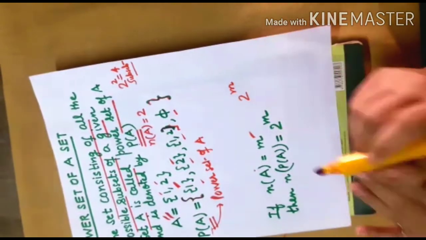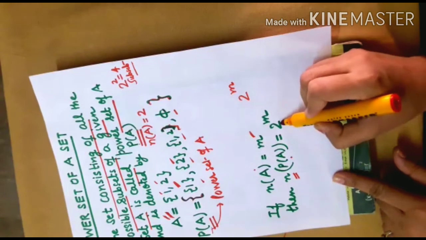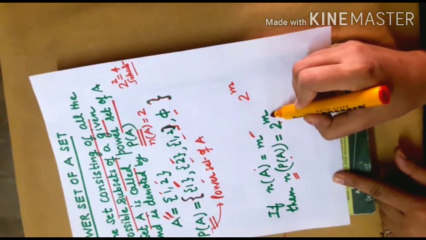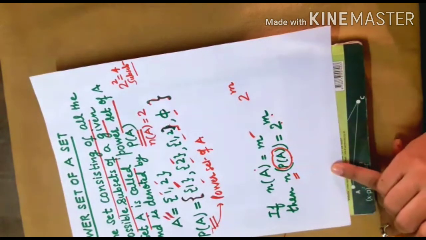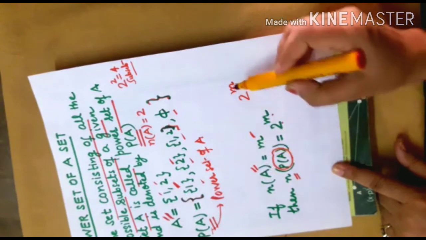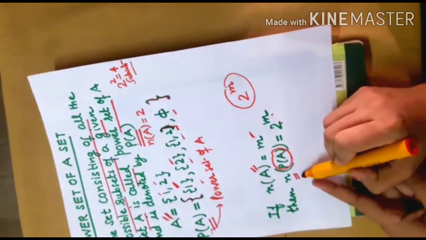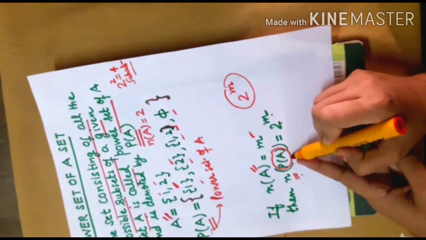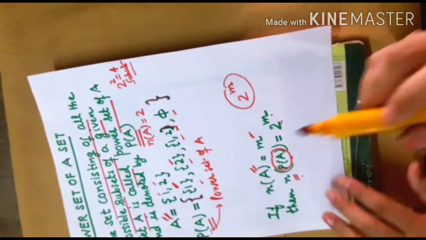So the number of elements in the power set of A will be 2 raised to the power m, because the power set contains all the possible subsets of the set A. So as there will be 2 raised to the power m subsets, the total number of elements in the power set of A will be 2 raised to the power m.